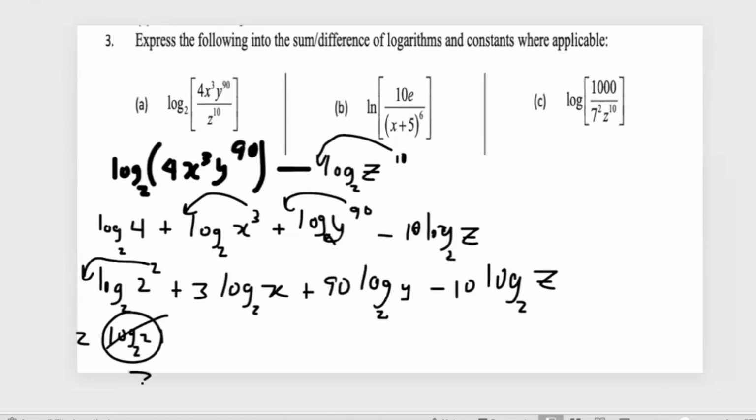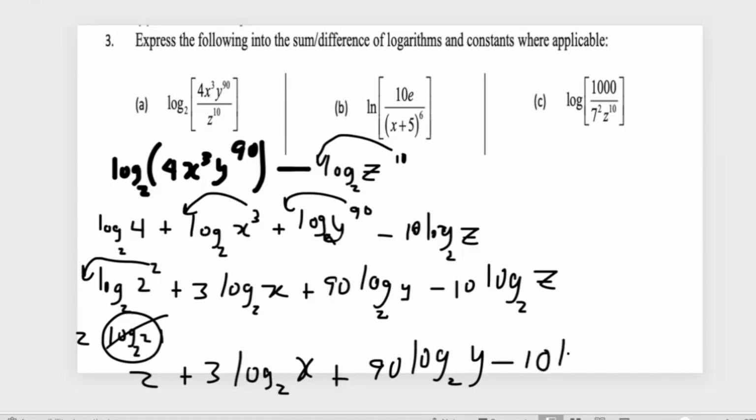So I'll have 2 plus 3 log base 2 x plus 90 log base 2 y minus 10 log base 2 z.